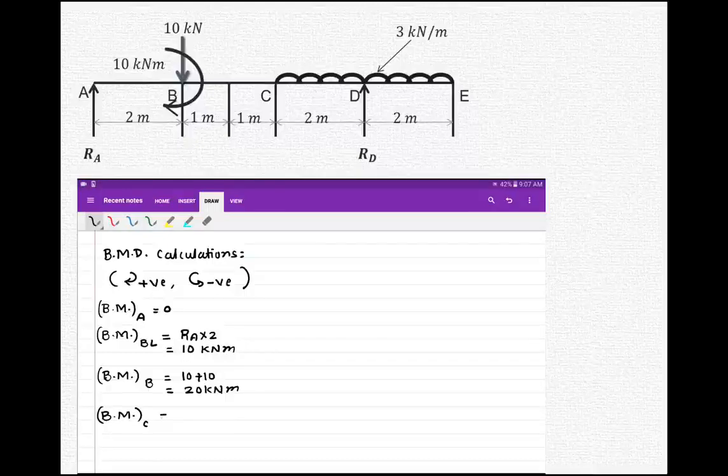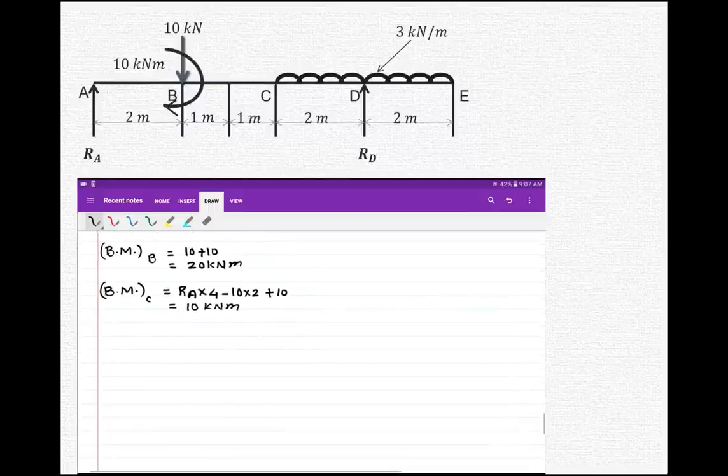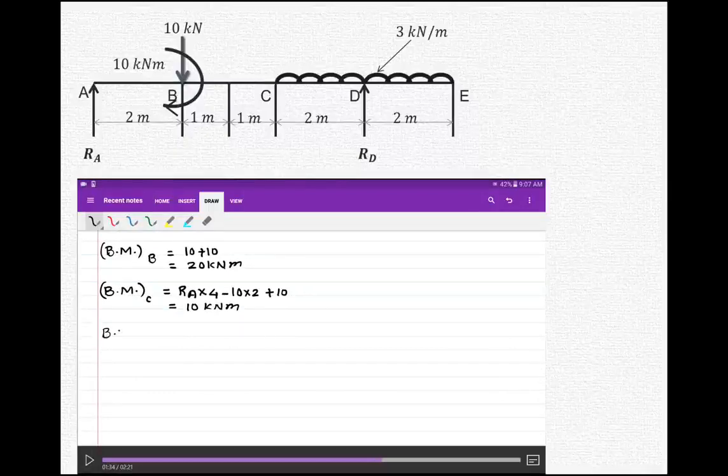Then bending moment at C, consider all the forces on the left hand side of C. So that is RA multiplied by 4 minus 10 into 2 plus 10. So once again, see how to calculate the bending moment at this particular point.